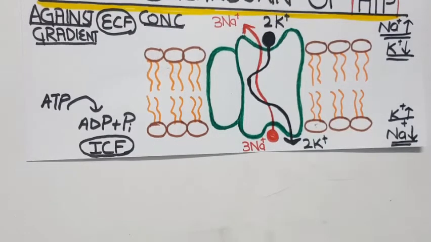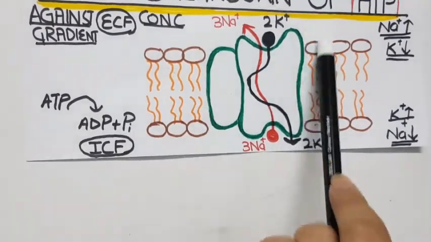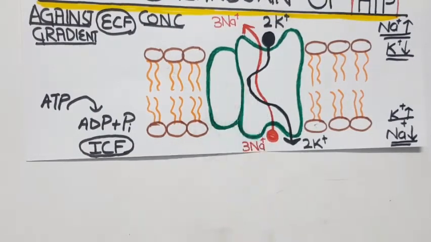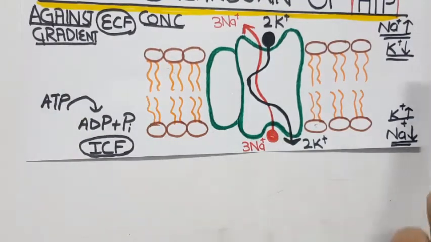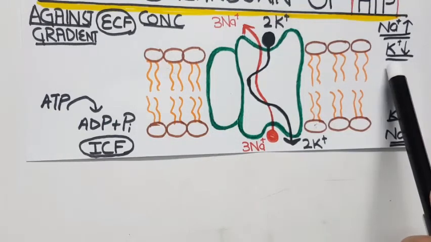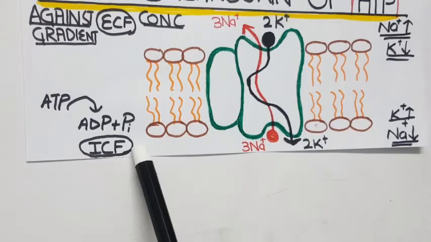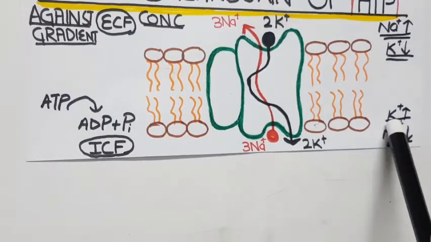Okay, this is just a general diagram showing the lipid bilayer and the transmembrane protein, which functions as the sodium-potassium pump. On the extracellular side, the concentration of sodium ions is high and potassium is low, whereas on the intracellular side, the concentration of sodium is low and potassium is high.